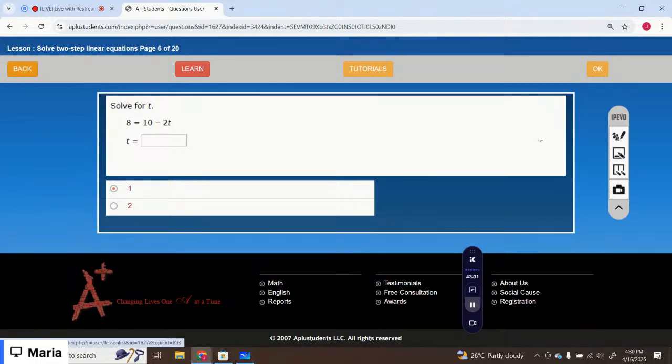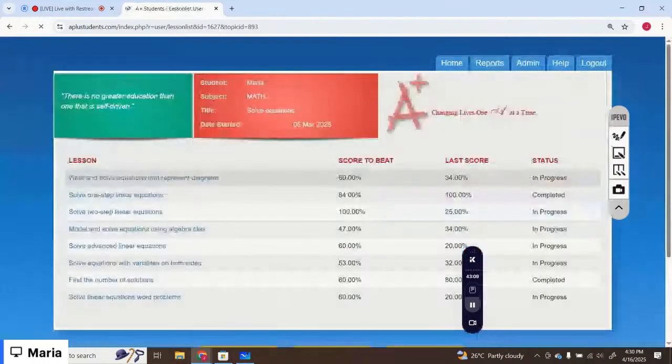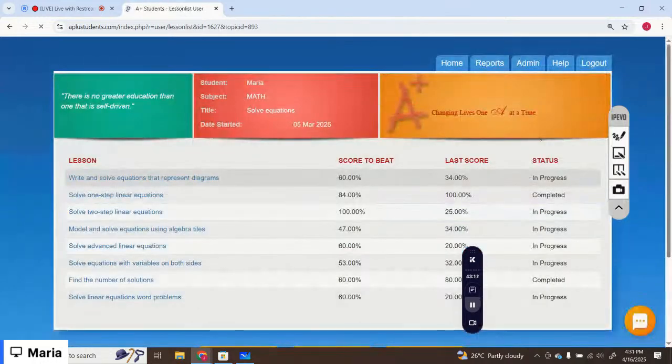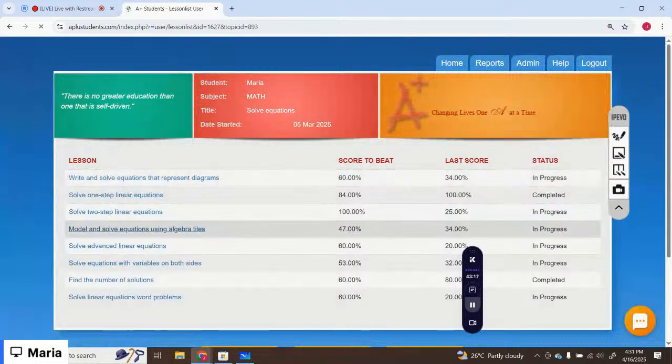The next lesson is model and solve equations using algebra tiles.